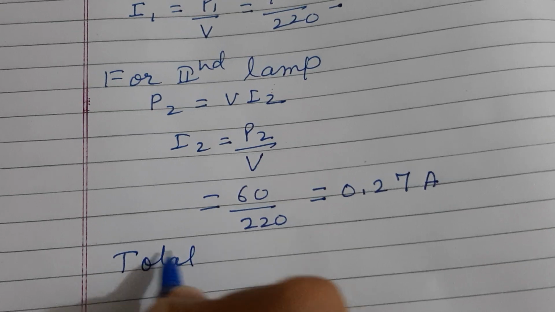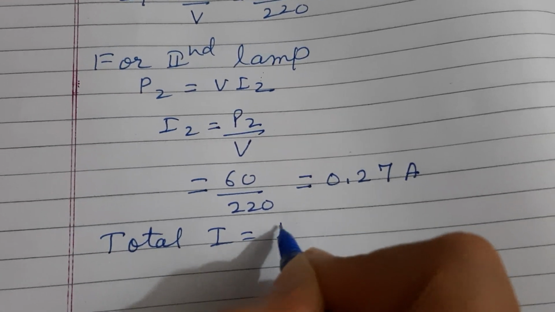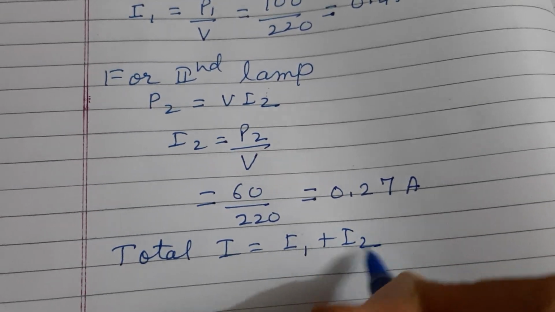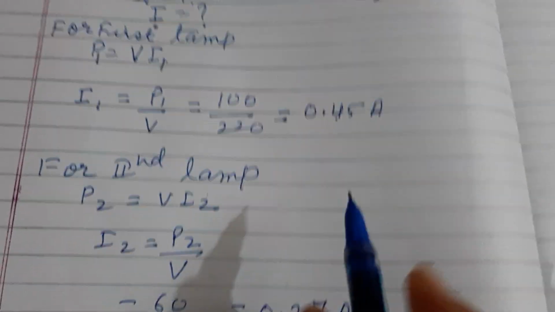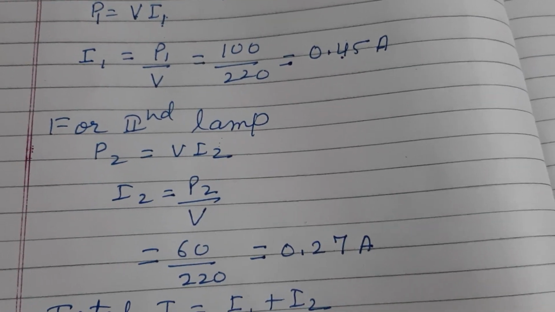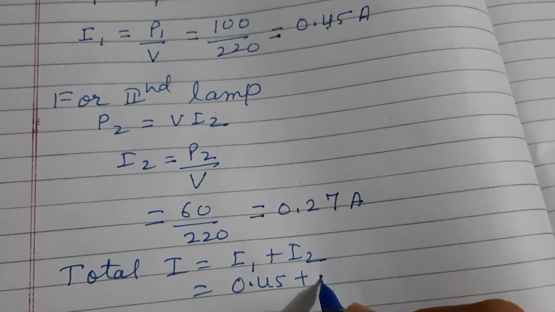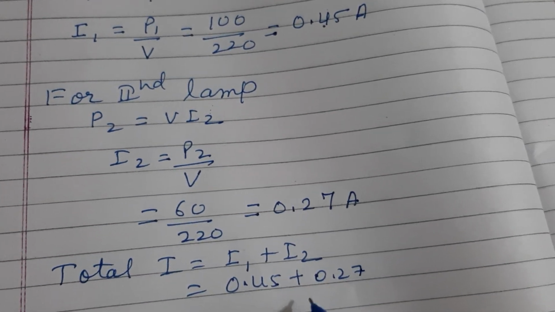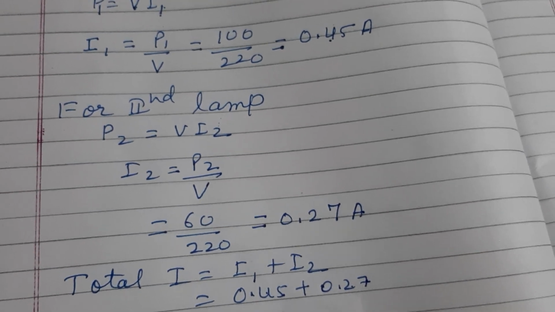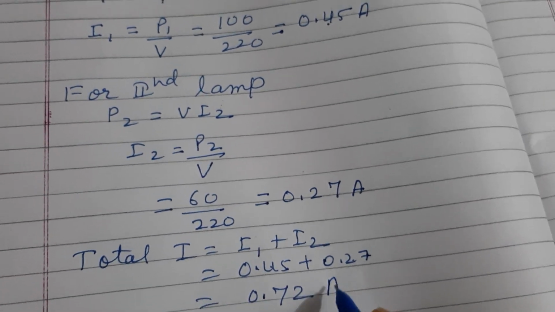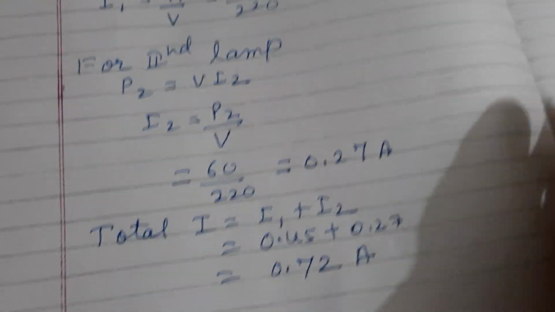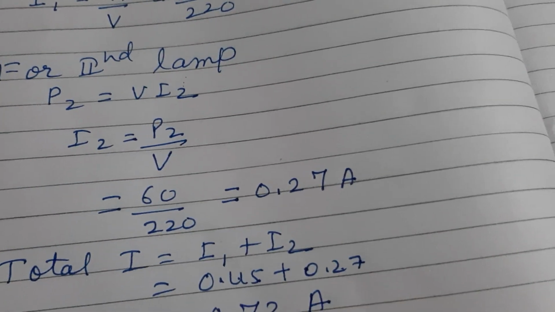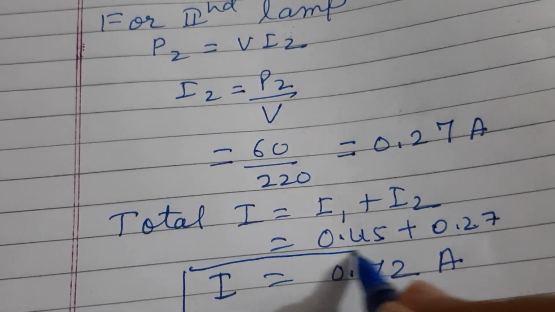So total I is equal to I1 plus I2, which is 0.45 plus 0.27, that is 0.72 ampere. This is the total amount of current which flows through both the lamps.